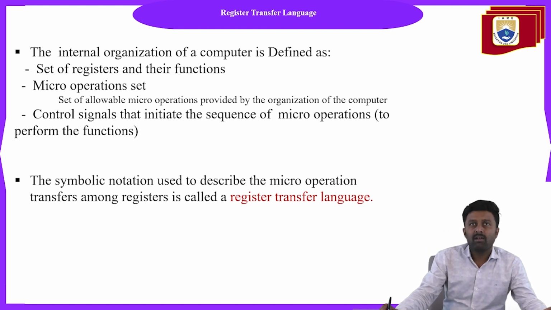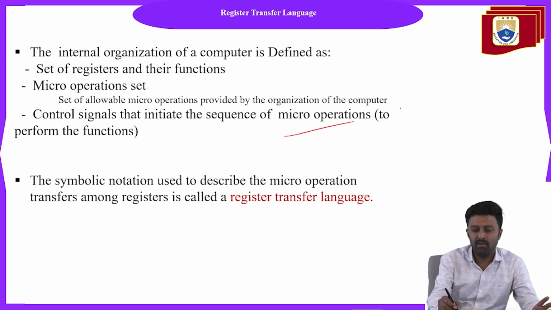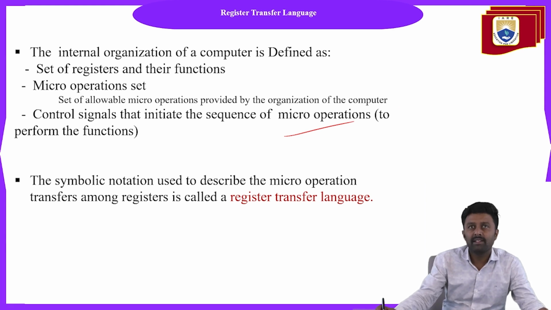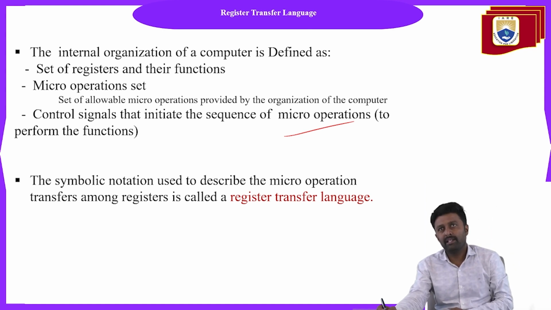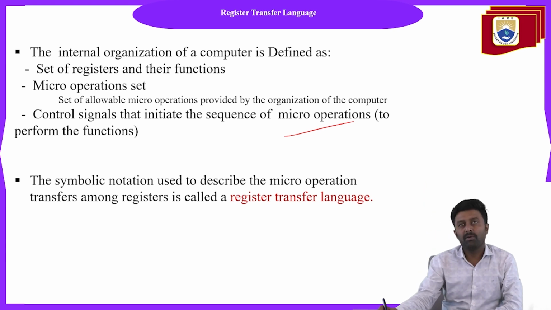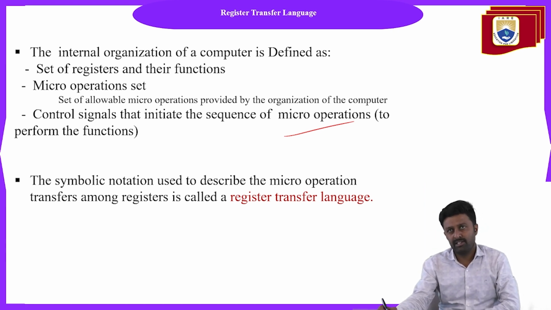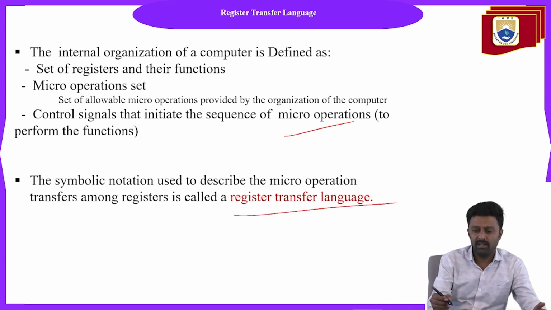The internal organization of a computer is defined as a set of registers and their functions, and the operations which we perform we call micro operations. These micro operations are provided by the organization of the computer for execution of instructions. The symbolic notation used to describe the micro operation we call a register transfer language.